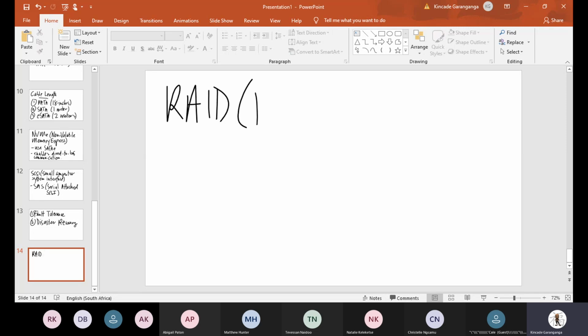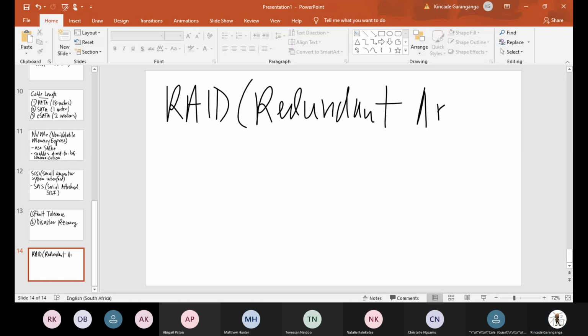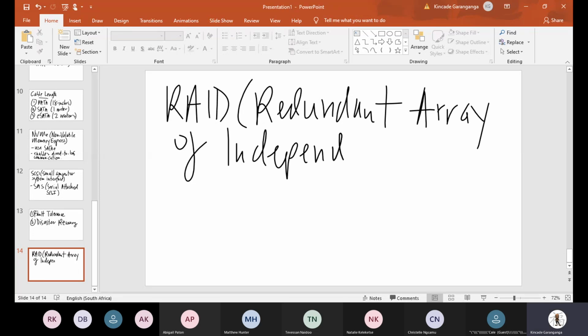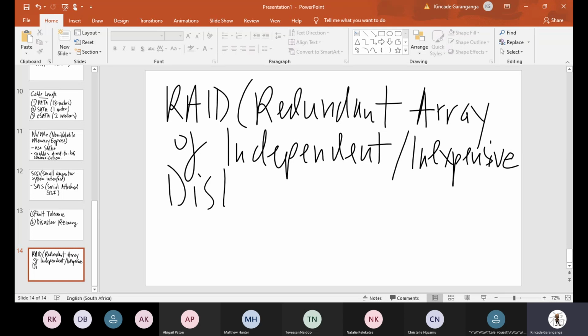Right, so RAID is short for redundant array of independent, some literatures might even mention inexpensive, but I think the current applicable term would be independent disks.